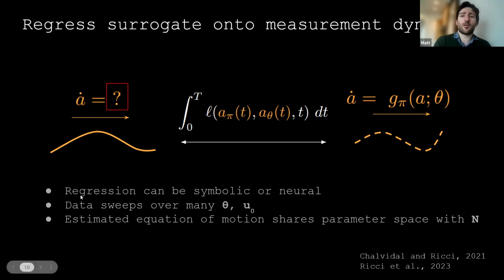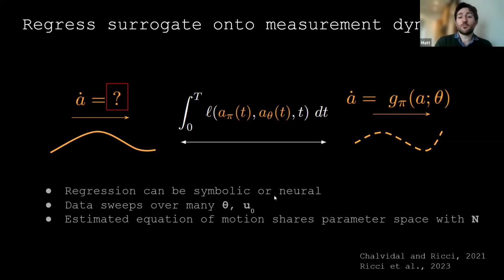And that regression can be symbolic or neural. By symbolic, I mean we can express G in a function dictionary. We can say G is a Taylor series, G is Chebyshev polynomials, or whatever you'd like. And we can learn the coefficients there. And then with techniques from sparse symbolic regression, we can actually get a closed form on A, which is nice if you want to know what the functional form of your low-dimensional dynamics is.